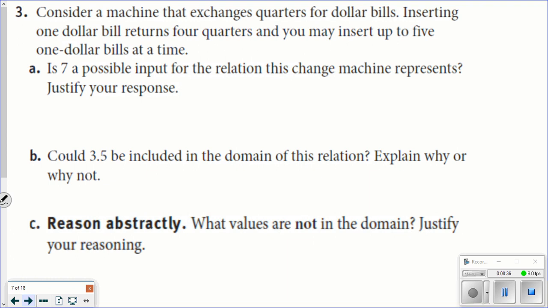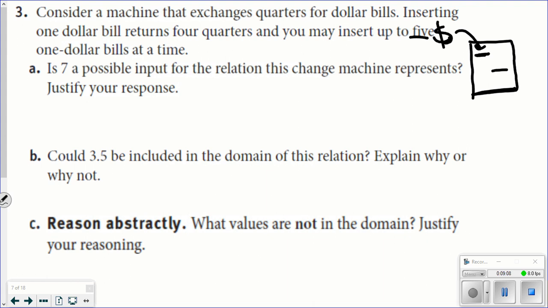So imagine when you go out to the arcade, you put in a dollar bill to get out quarters or tokens to play the machine. So that's what's happening here. If I have a machine, and I have a slot right here, what I put into this slot is $1 bills, and I can only insert up to 5 of them.